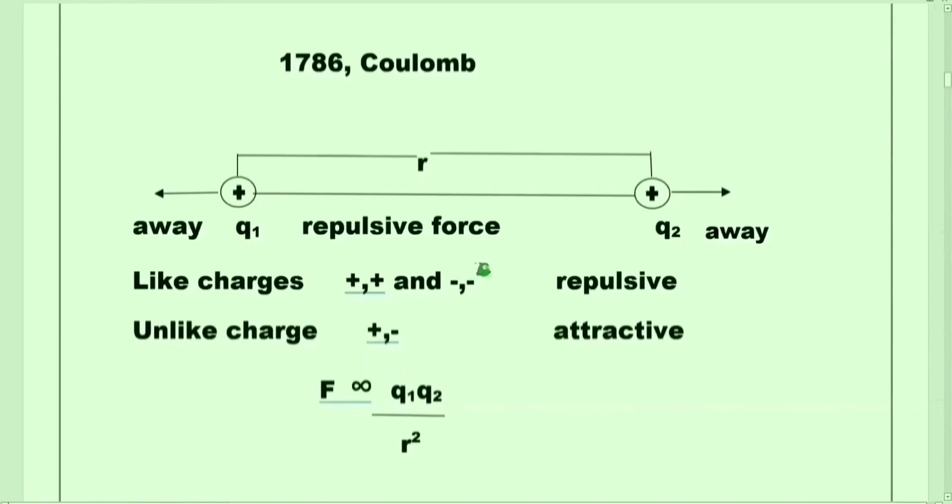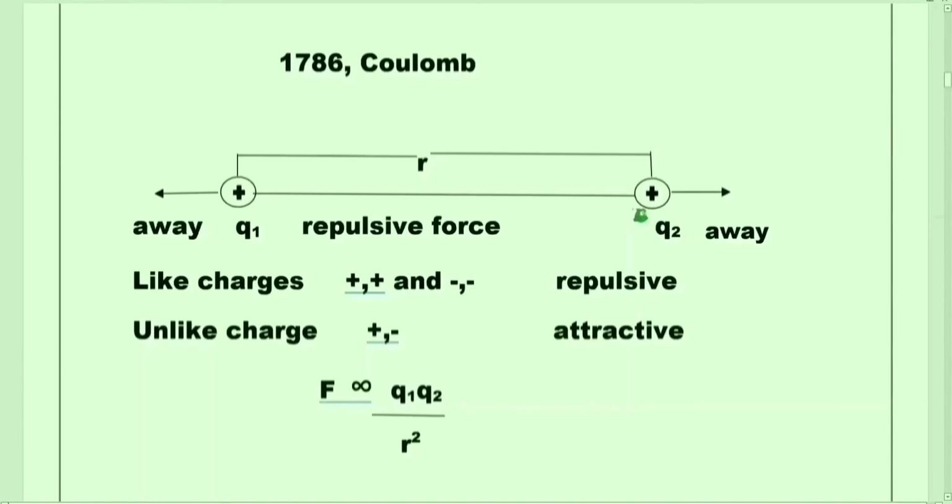If the two charges are like charges, the force will be repulsive, and if the two charges are unlike charges, the force will be attractive. Here we consider two positive charges, so the force is repulsive and the field lines point away.